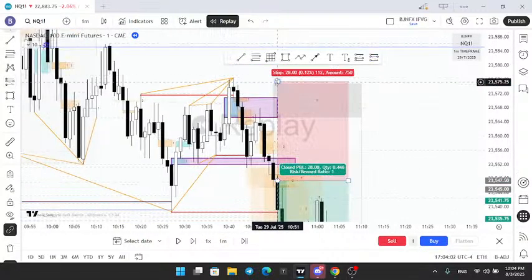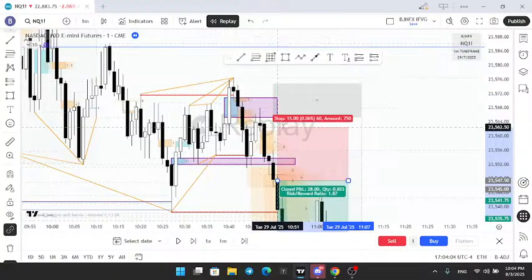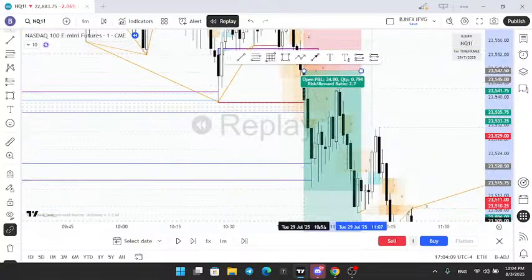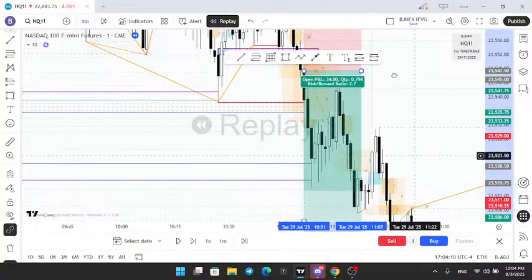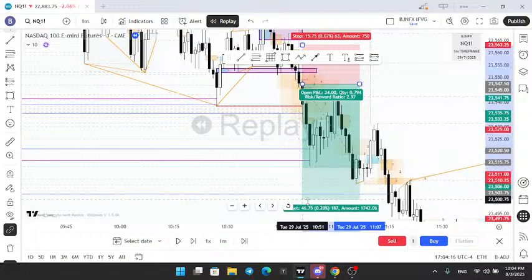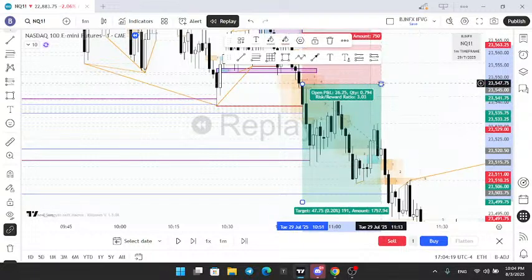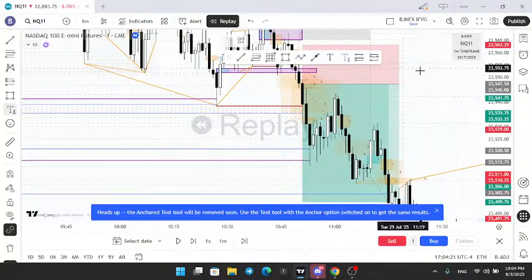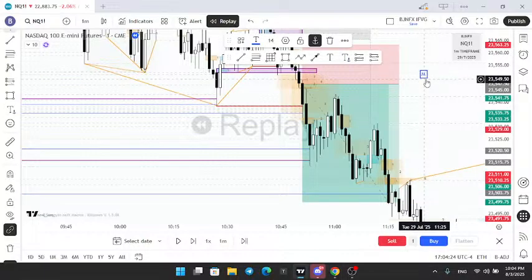Take the short here, covering the FVG and the inversion. And then minus 1, okay, plus 3.